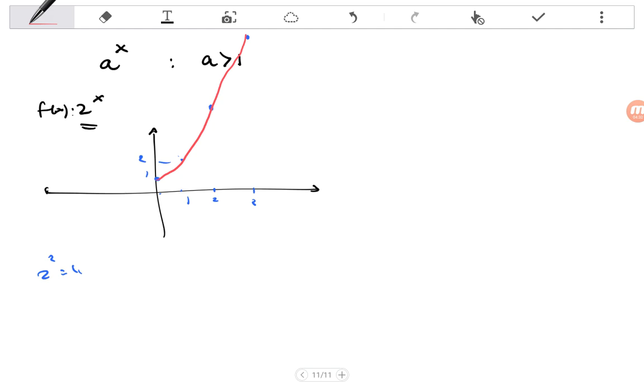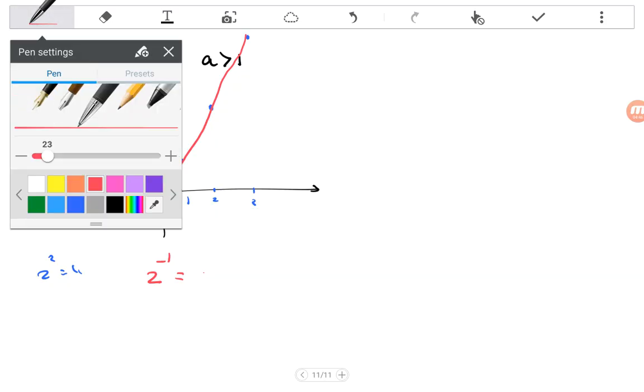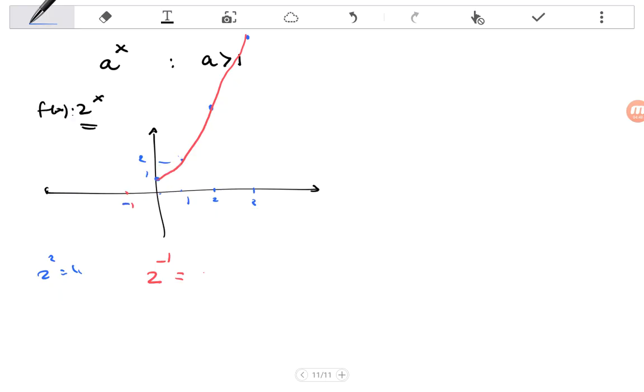For negative values of x, what about the negative values of x? If I need to find 2 power negative 1, that just gives me half. For negative 2, it will just give me a value which is 1 over 4, and so on.